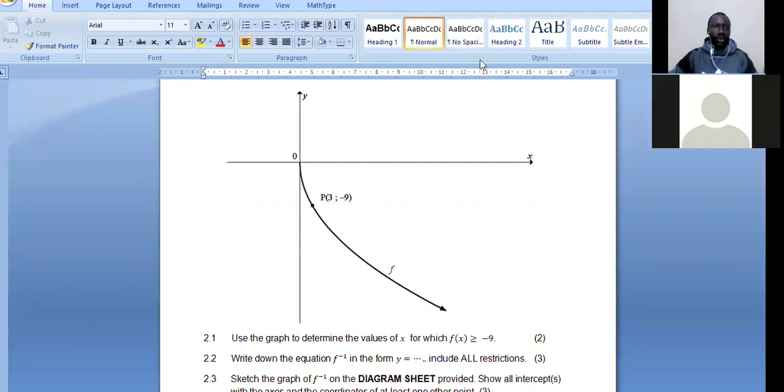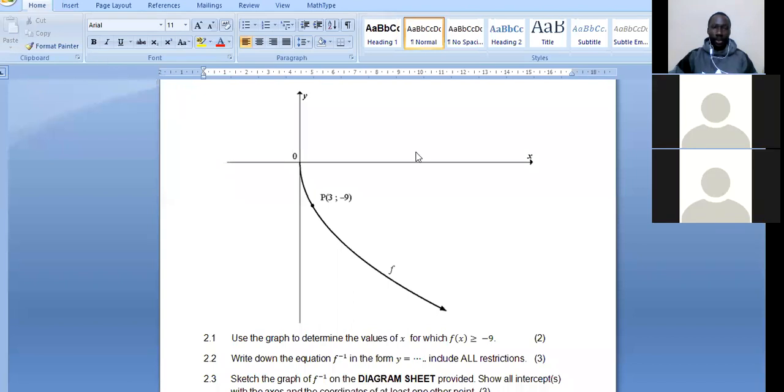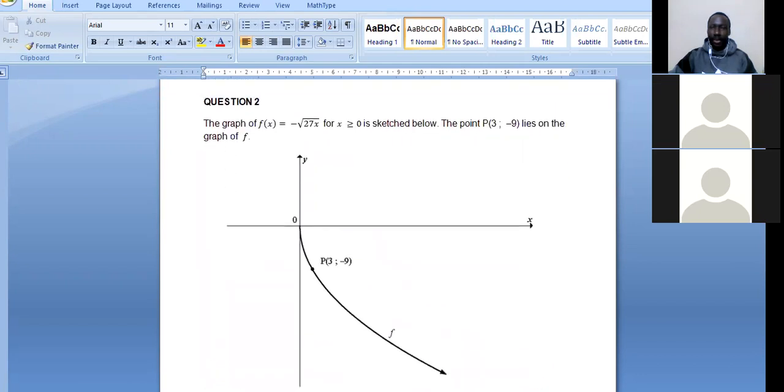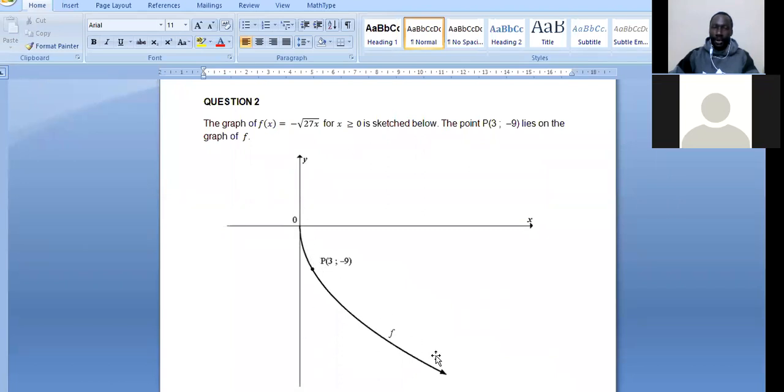Now the question we want to start with, oh yeah, I guess you can now see, possibly there was a delay. So yes, the question we are handling is question 2. The graph of the function is already sketched for you here, is already drawn for you.